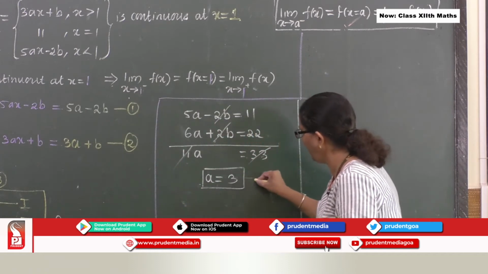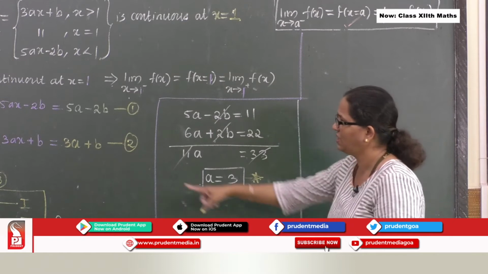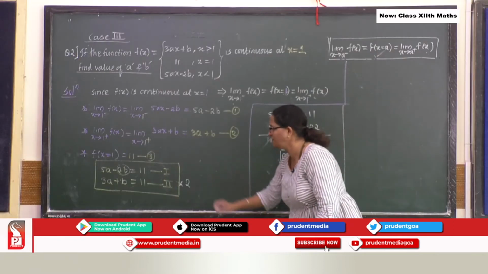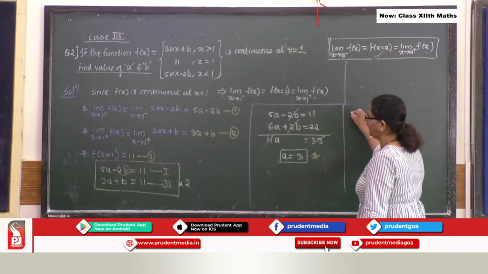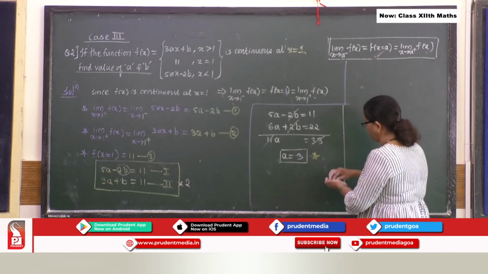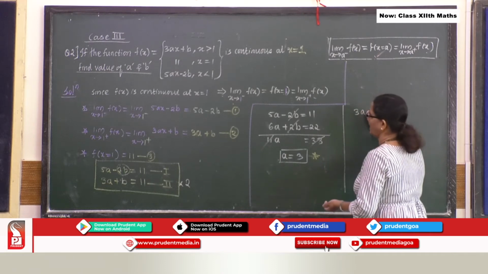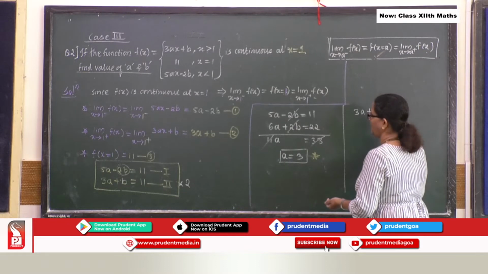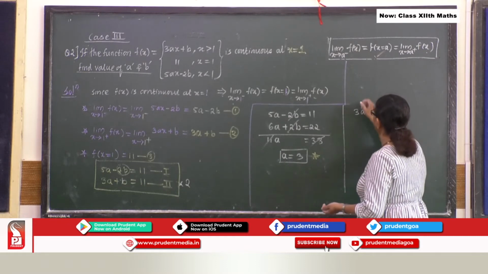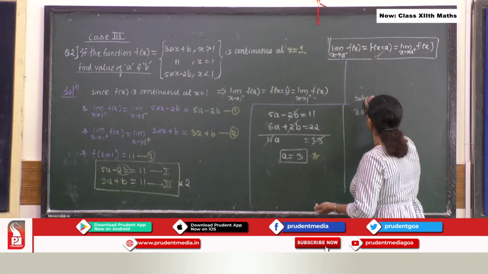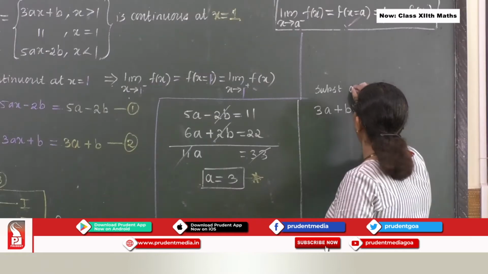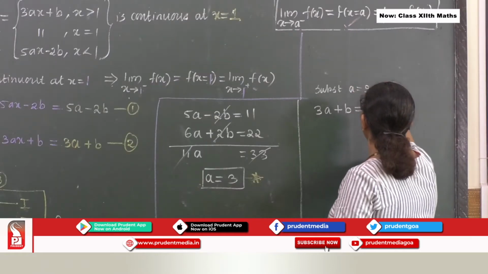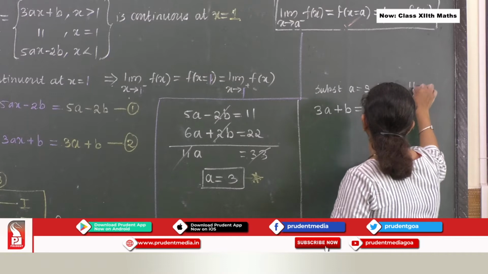Now whatever a equal to 3 I got, I will substitute in one of these equations. Here it is 3a plus b equal to 11. So I substitute a equal to 3 in equation 2.